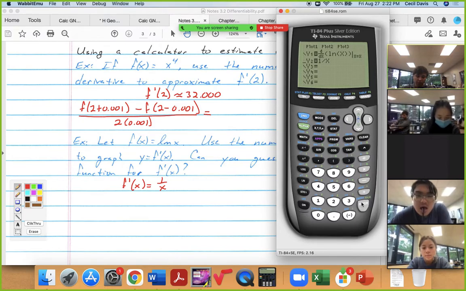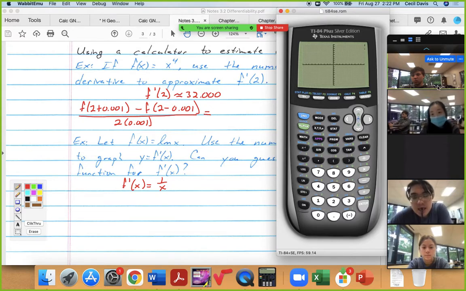So I'm going to make it, if you hit it 4 times, you get this little ball, and it's going to show as it traces it. So graph. There's my derivative.